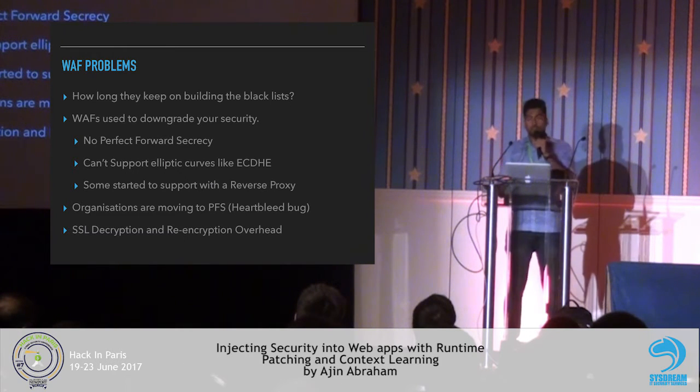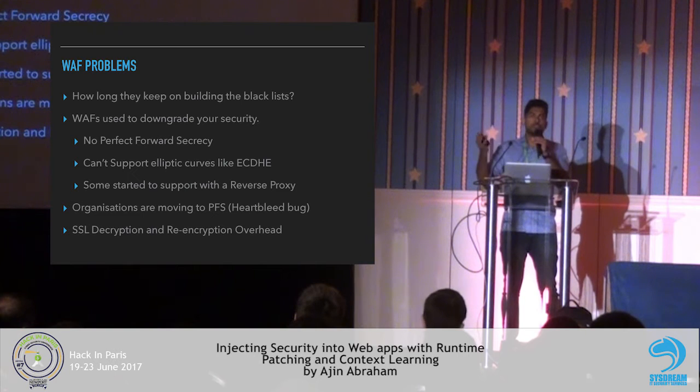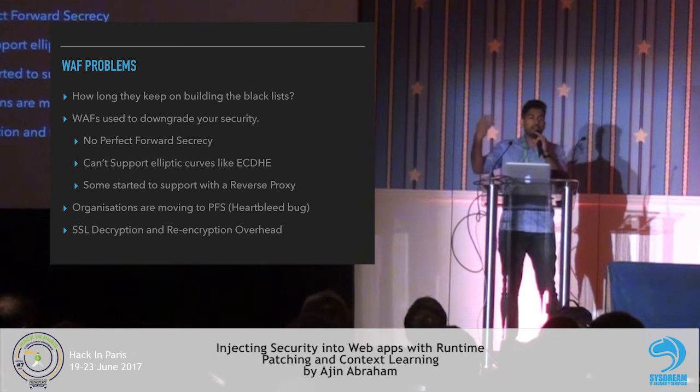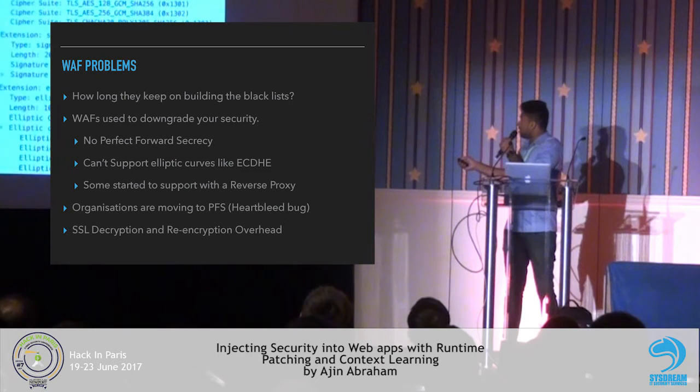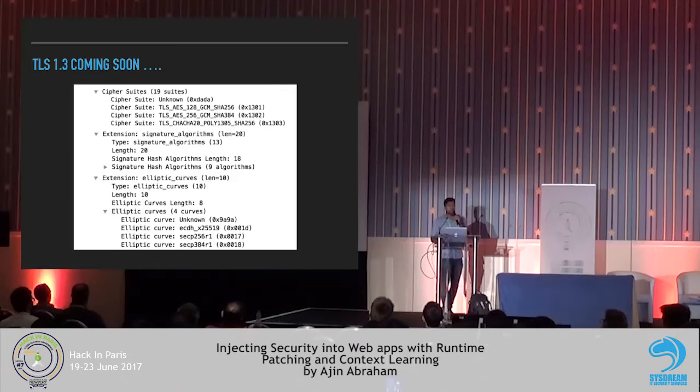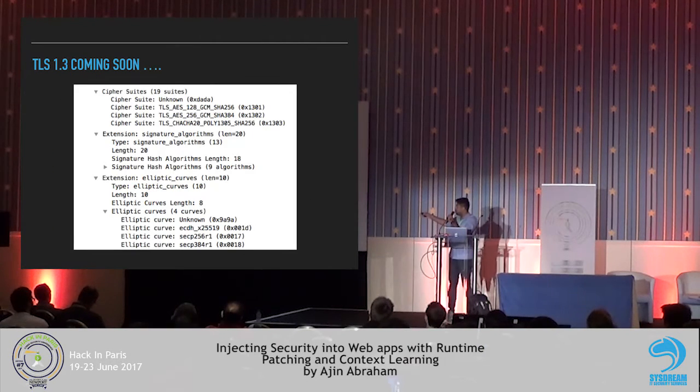And recently, some of them have come up with this concept of a reverse proxy to forward the traffic again back after downgrading the SSL, a couple of things like that. But that has its own performance impact. So again, TLS 1.3 is coming, and if you see the elliptic curve specification, there are a couple of them to support PFS. It's going to be a hard time for WAFs, for most of them.